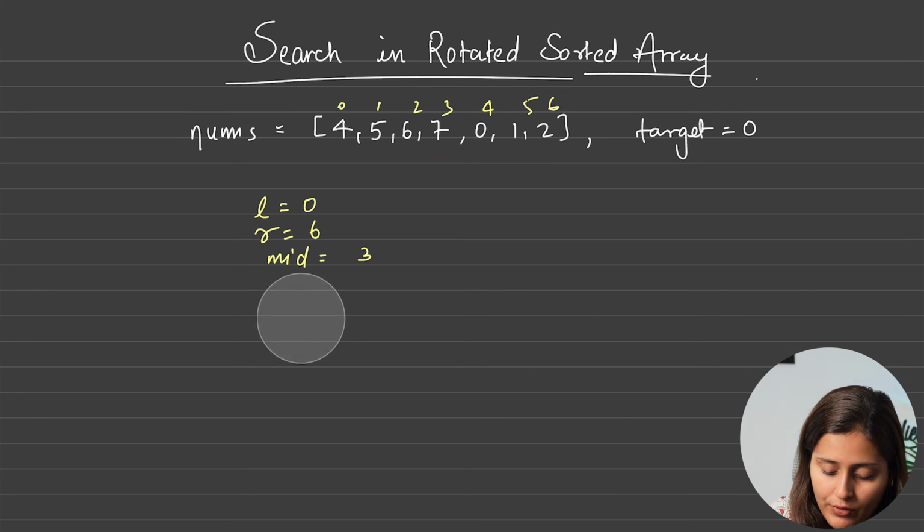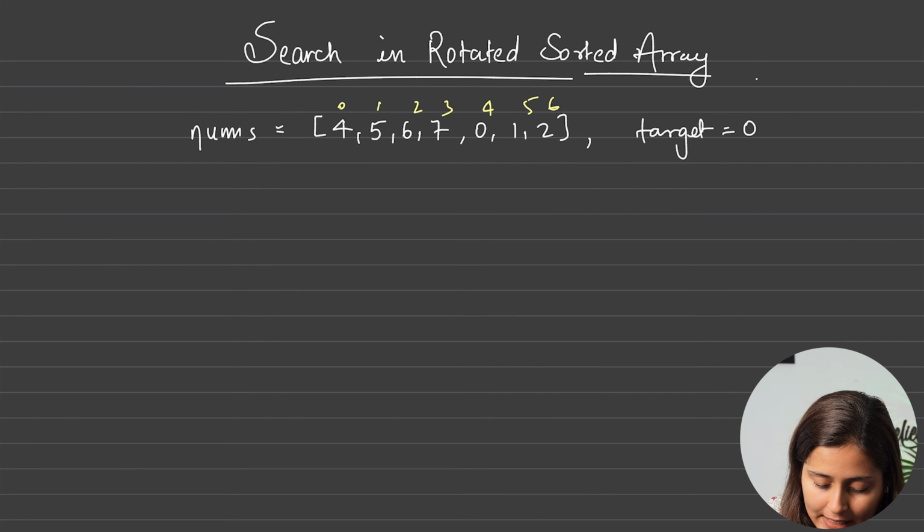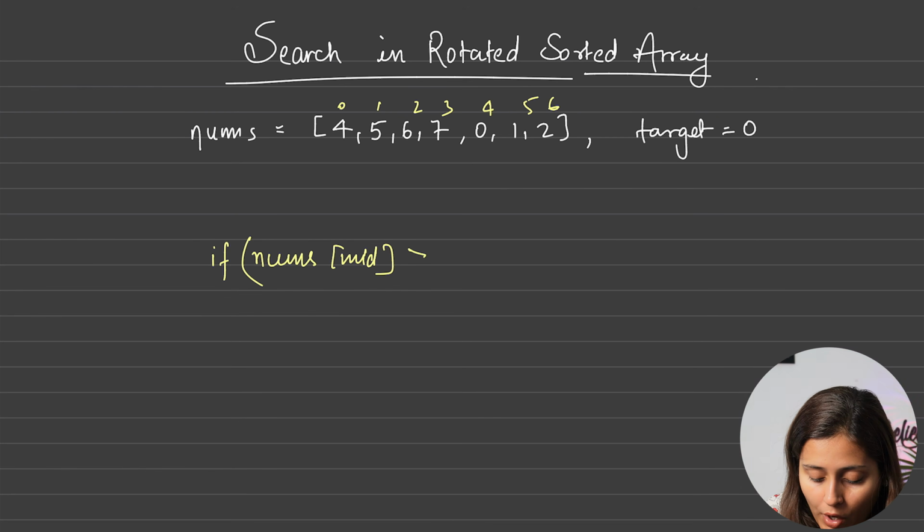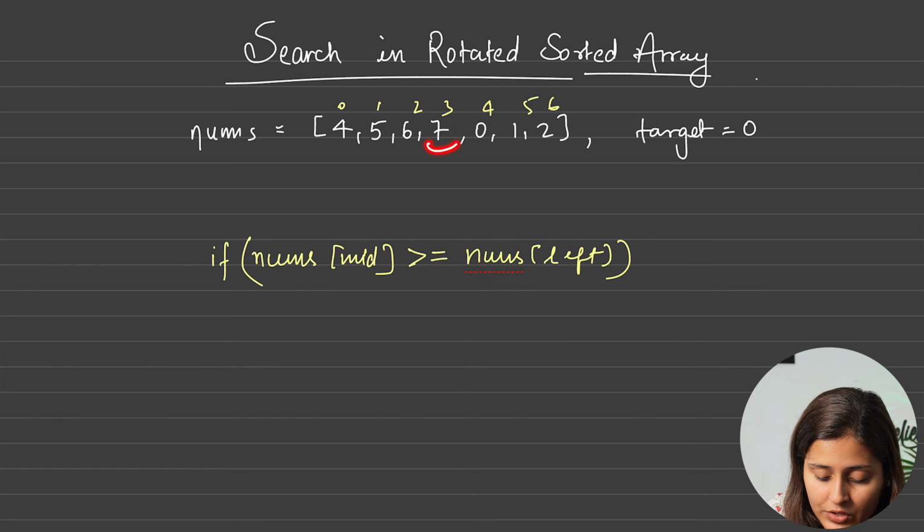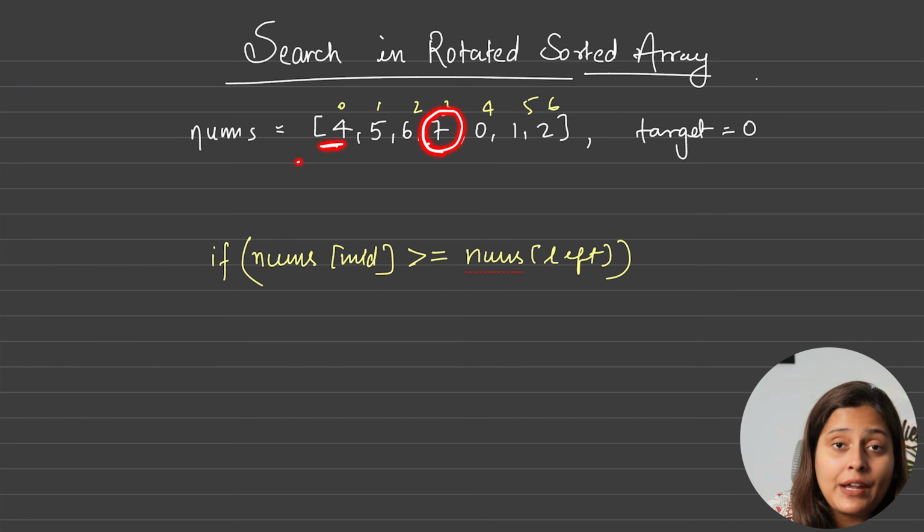Okay. So how have we found it? Let's write it also. We said that if nums of mid, which is 7, is greater than or equal to nums of the left pointer, then nums of mid is greater than this, so I can say yes, it is a part of the left sorted array.